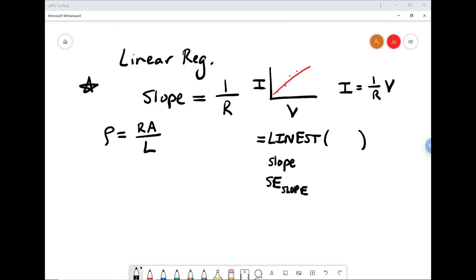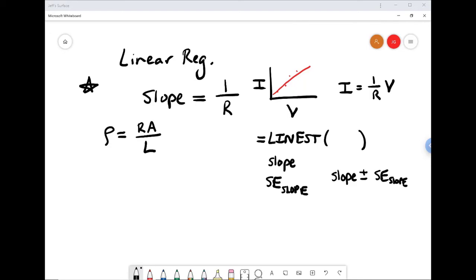So we use the standard error of the slope as our estimate of uncertainty, or error, in our slope. When you report that, if you were just reporting that, it would be reported as slope plus or minus the standard error of the slope.